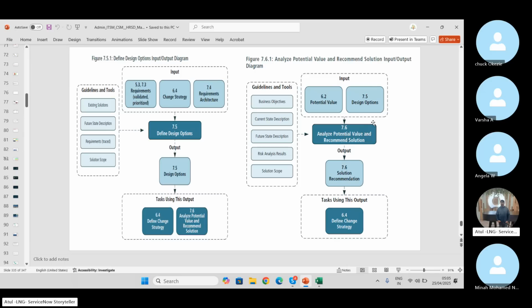This is one example. Second example, a very small one: I want to make a field mandatory in a form in ServiceNow. How many ways are there to do this? Multiple ways: client script, UI policy, business rule, ACL. Now these are the different solution approaches.